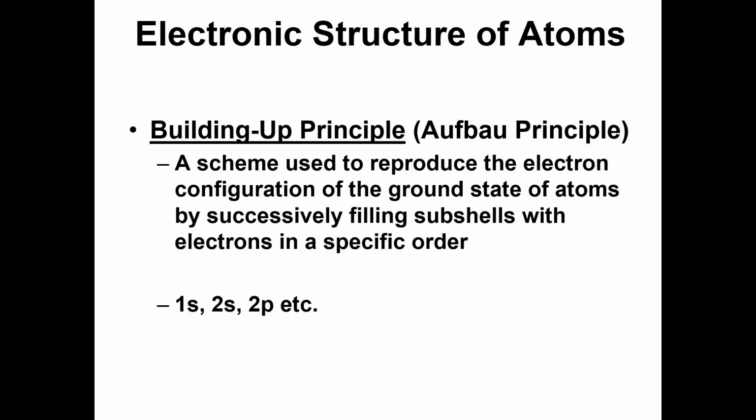So 1s, 2s, 2p, and then 3s, and then 3p, and then we also have 3d. But how do we know how many, and what is the capacity of each? Well, I'll just say this real quick: s is going to have a capacity of 2, p is going to have a capacity of 6, d is going to have a capacity of 10, and f is 14, which is reflected on the periodic table.